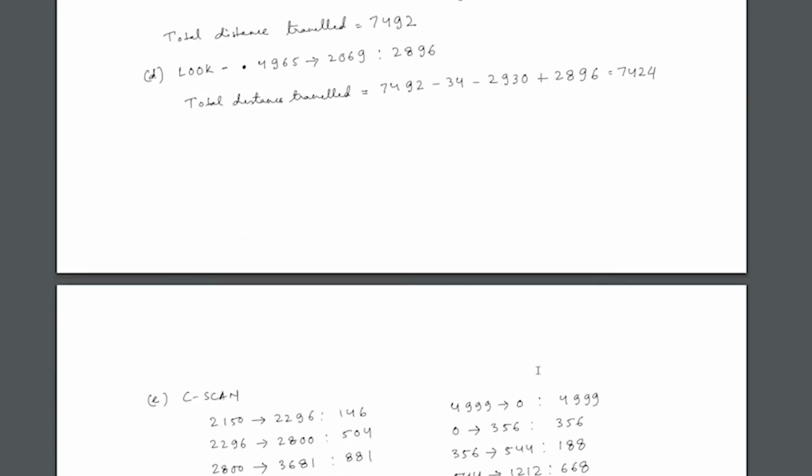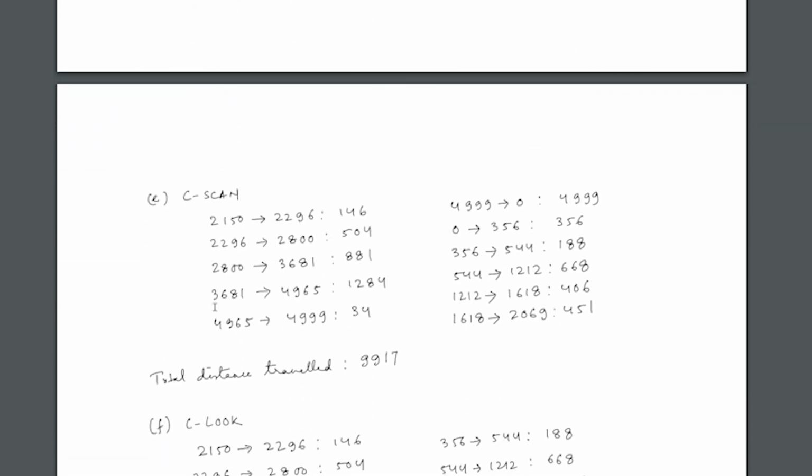But in C-SCAN, from 4999, it is directly going to go to 0. So on the way back, it is not going to service any requests. Only after it reaches 0 will it go from left to right again and take care of all the unserviced requests in the order it sees them.